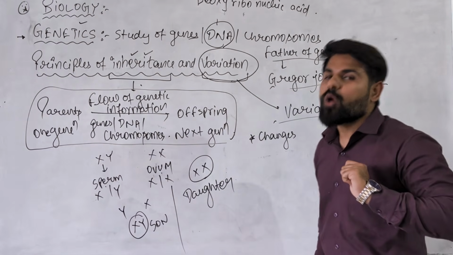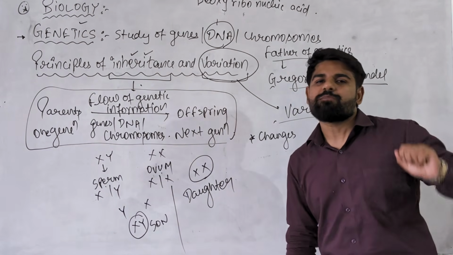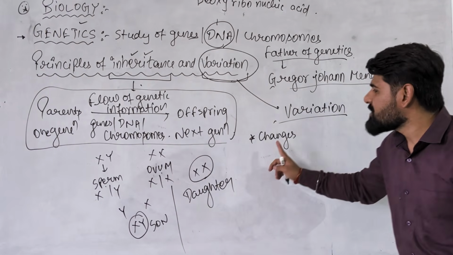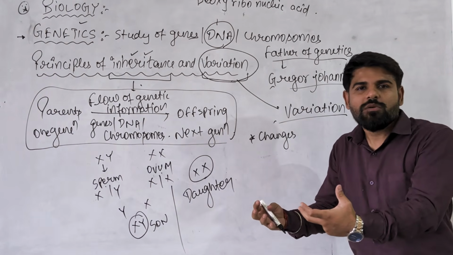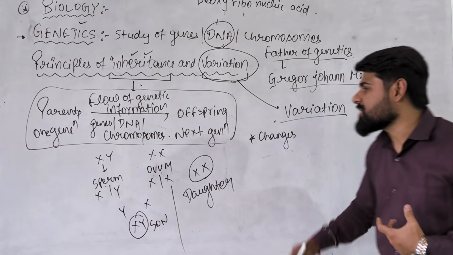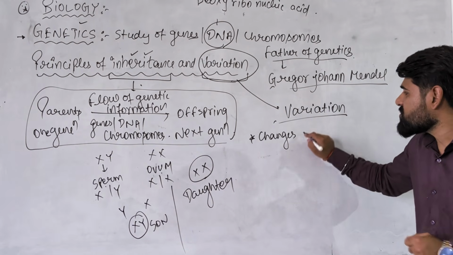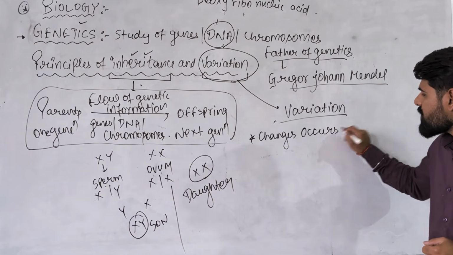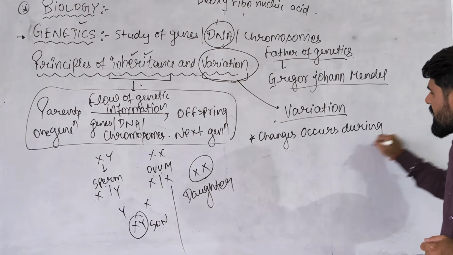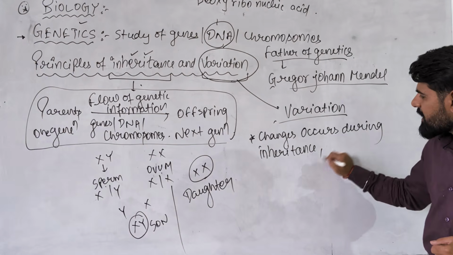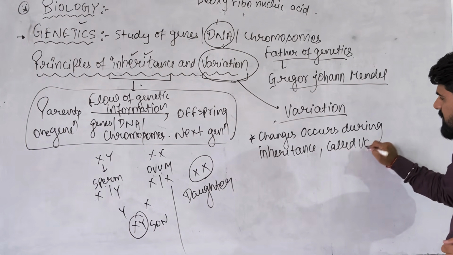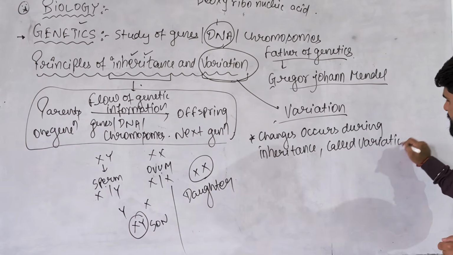But in sexually reproducing organisms, there are some changes. I am not exactly like my father. There are some variations, some changes that take place during inheritance. These changes that occur during inheritance are considered variation.